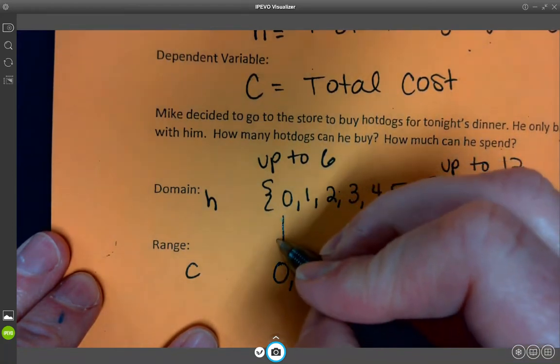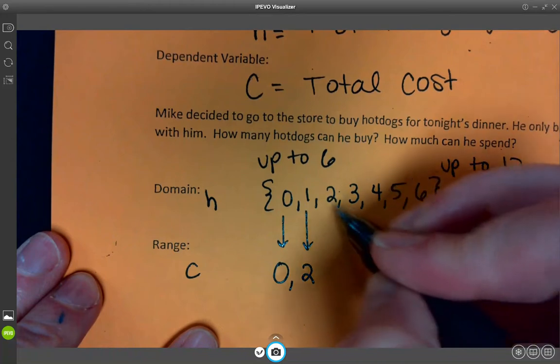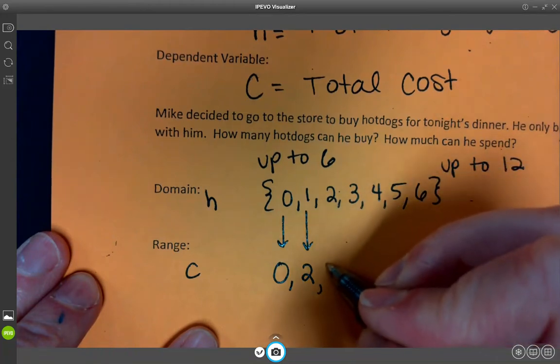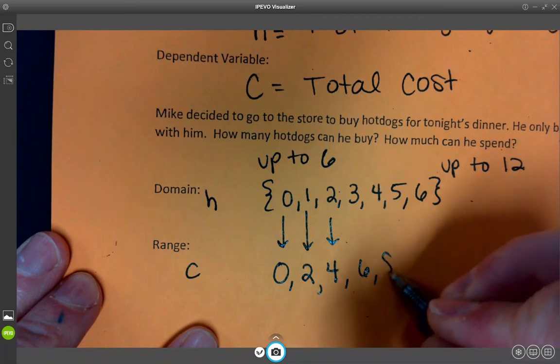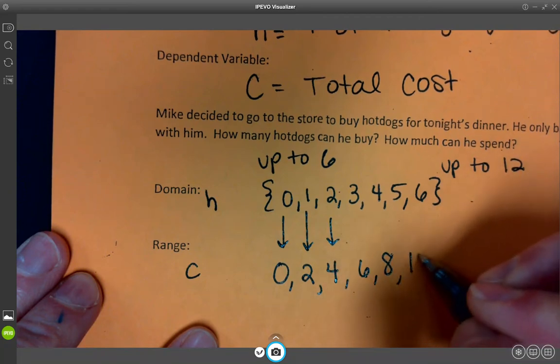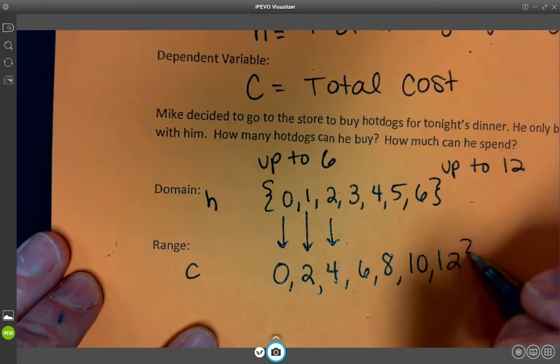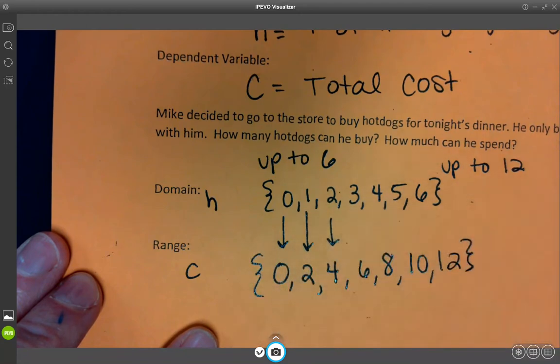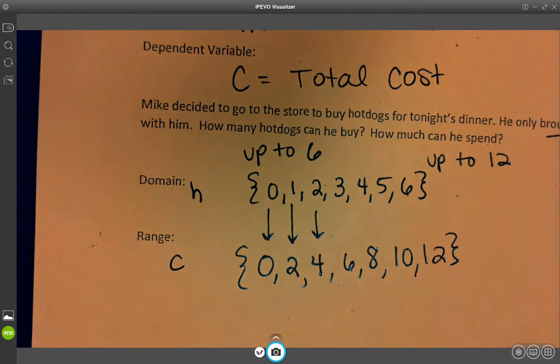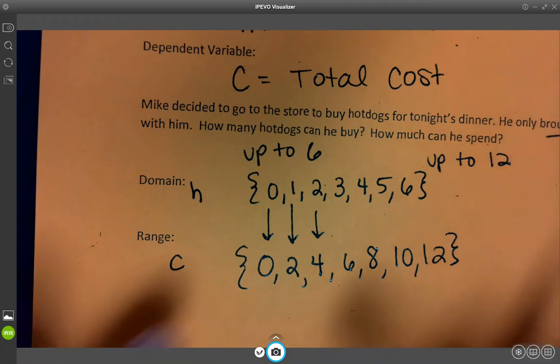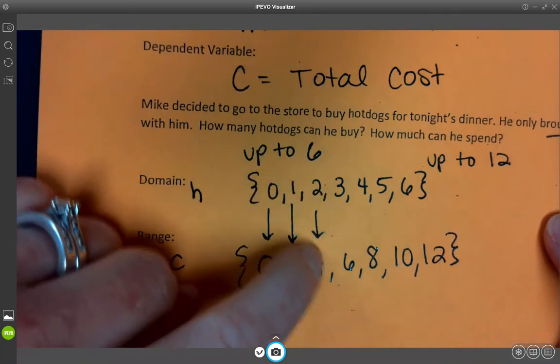So see how these are matching? 2, $4. 6, 8, 10, and 12. So these are matched, which in this case, they did go up at the same rate, matching with the one right under it.